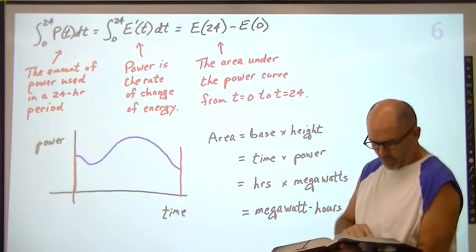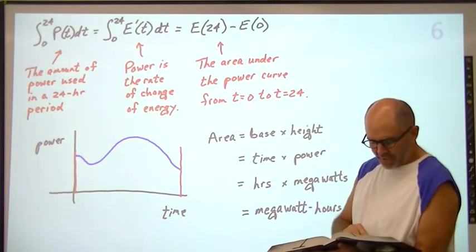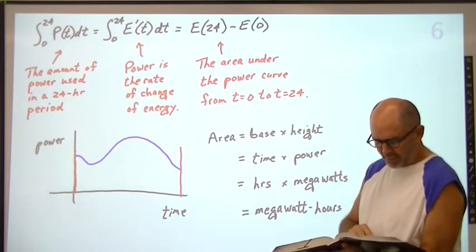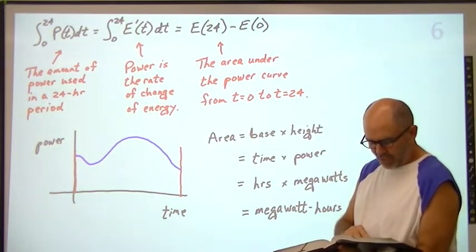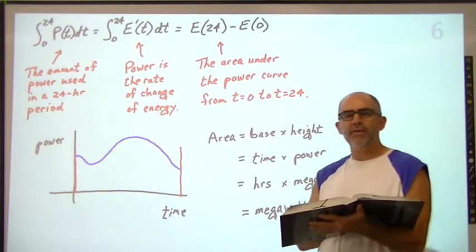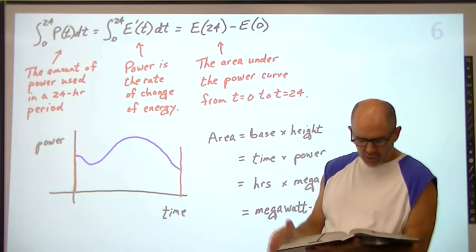So we've got 440 times 2, plus the next rectangle goes from 2 to 4. So its midpoint is the third hour. So the power at the third hour is 400. Now the next rectangle goes from 4 to 6. Its midpoint is at 5. So notice how this is working.